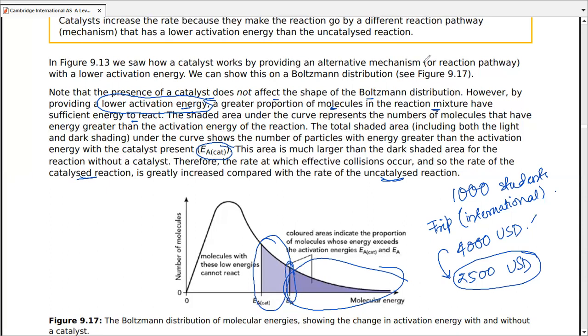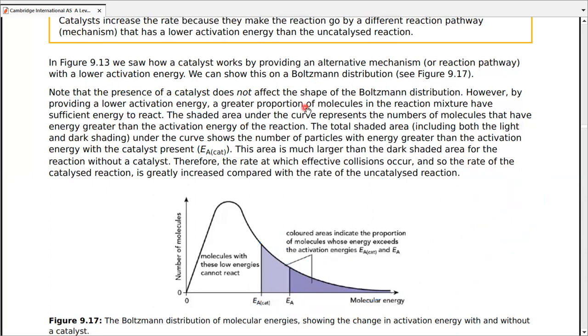Okay? Yes, sir. Now, when you are about to write or draw something like this, these words and this way of representing it are very important. You can represent it like this, or you may also represent it like this, uncat, and represent the other one as cat. You can even do it for answers which have a case scenario involved, a case story in which a catalyst has been used.